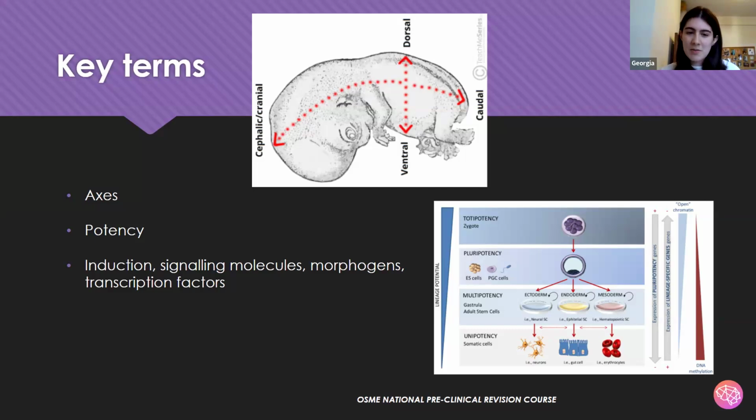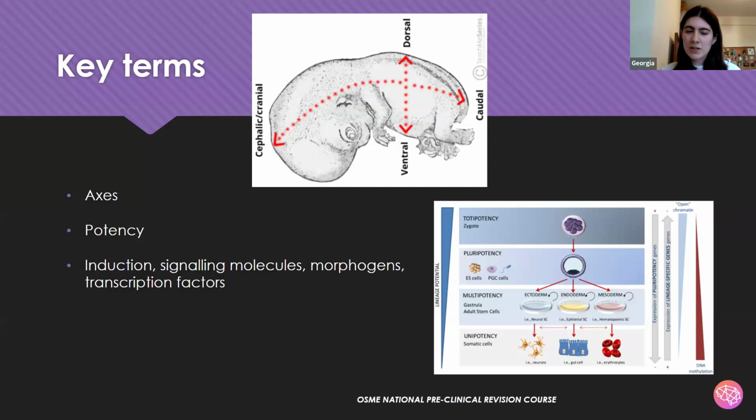Next up are some key terms linked to patterning. This is the way cell fate is determined. Induction is the term for the way cells dictate the fate of other cells, and they do that by releasing signaling molecules. These signaling molecules diffuse to cells, and the cells have receptors for them, and then on binding, a signaling cascade occurs that changes patterns of gene expression to alter cell fate.